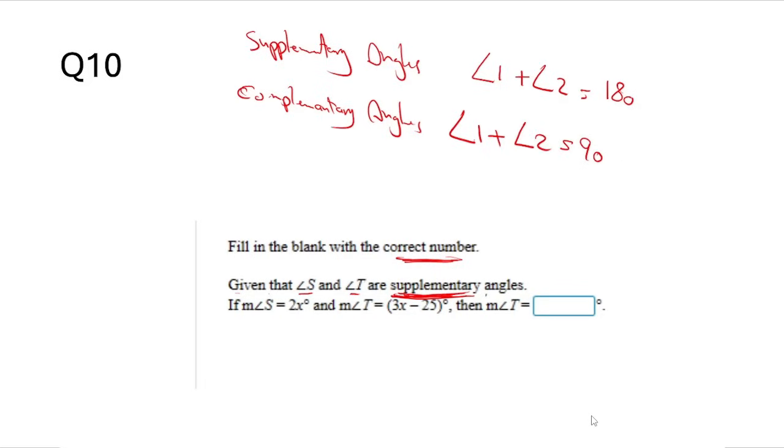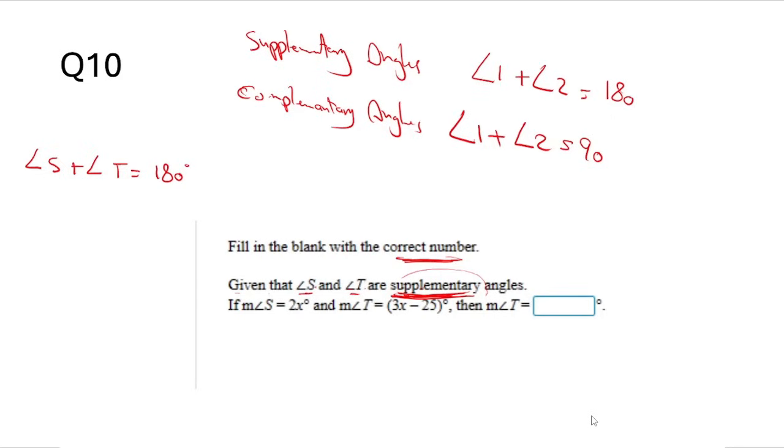But here it's asking about supplementary angles. They are saying that these two angles are supplementary. So the answer will be angle S plus angle T will equal 180.